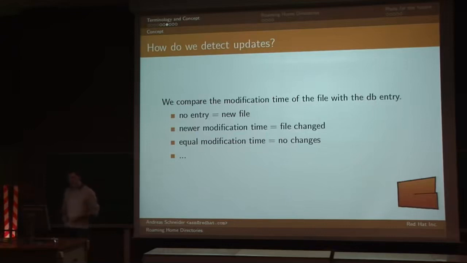If there is no entry in the database for that file, then we have a new file. If the modification time is new, then the file has changed and needs to be synchronized. If it is equal, then there are no changes, and if the files on both replicas, on the client and on the server, have changed, then you have a conflict.